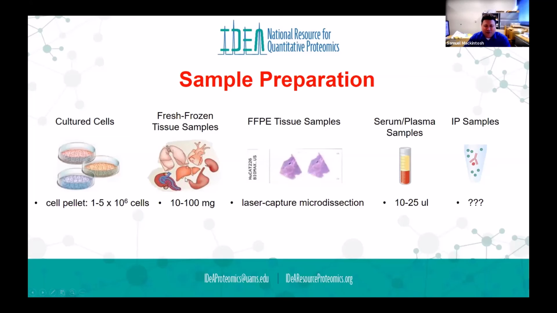But most of the time it's not difficult. If you have experience lysing your particular tissue, you can just prepare a RIPA buffer lysate, and that will be perfectly good for proteomics analysis. Laser capture from FFPE samples works remarkably well.